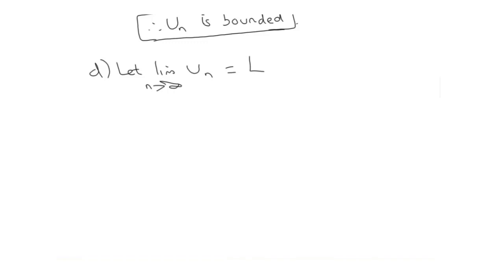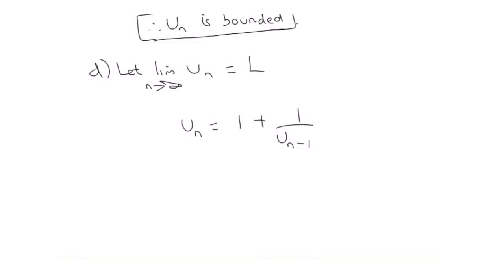Remember, Un equals 1 plus 1 over U(n-1). I'm going to use this definition, but it wouldn't be any different really if you were to use the next term definition. It would still be exactly the same principle.